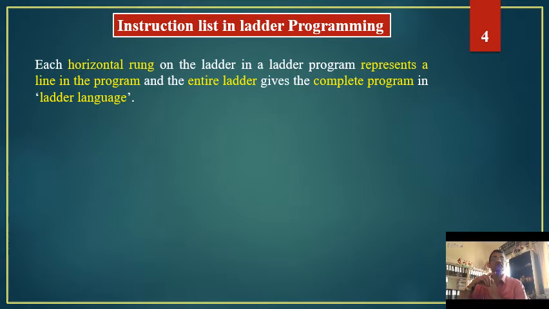So that is why it is called ladder programming. Programming normally is a set of instructions, and every instruction is written on one rung, and when we have multiple rungs in any ladder diagram, it is called a complete program. It is also called a ladder language.